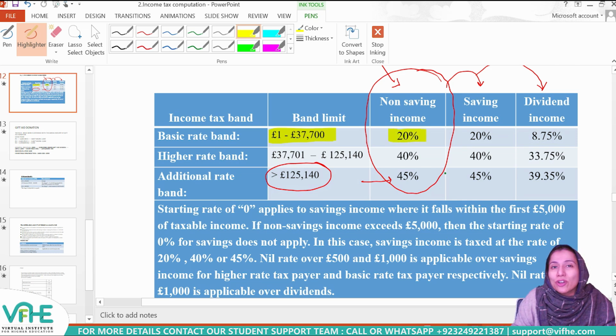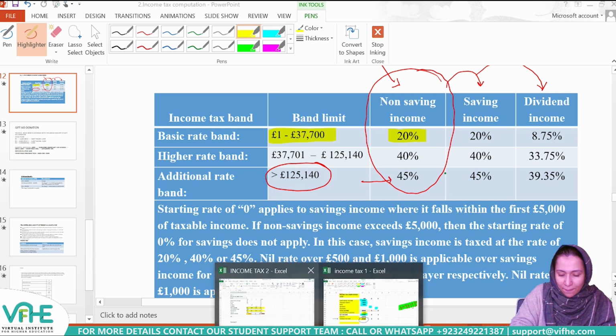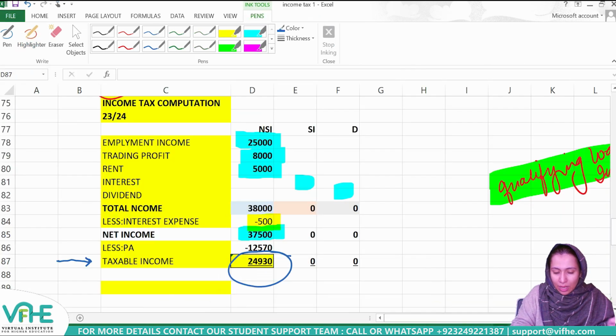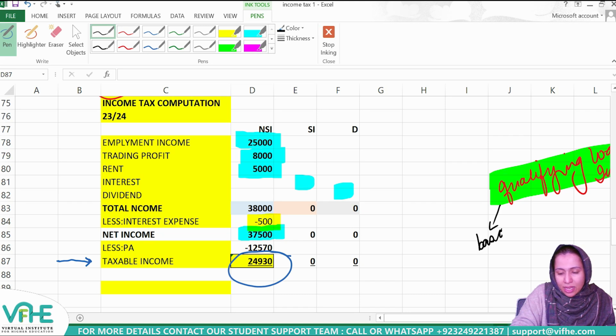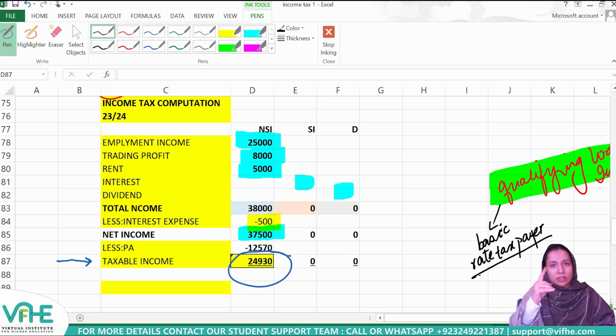And what is the basic rate for the non-savings income column? That's correct, it's 20%. So first of all, I would call this person a basic rate taxpayer, because he shall be paying tax at the basic rate. And what is the basic rate?